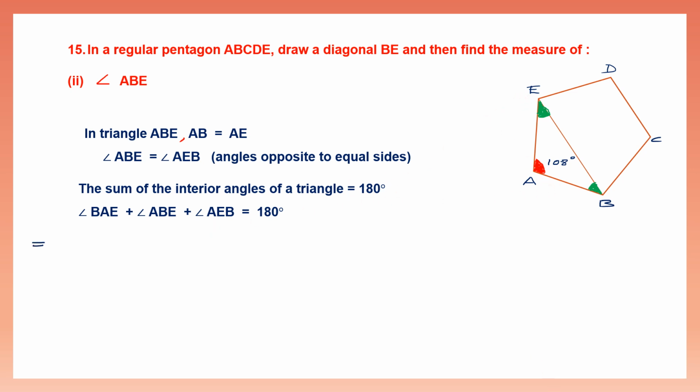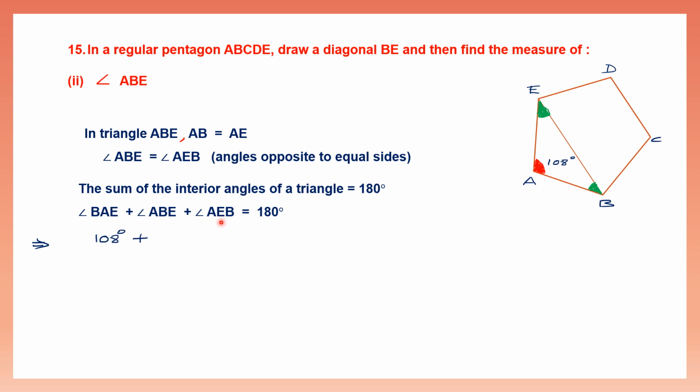So let's substitute. Angle BAE we found out to be 108 degrees. Plus, angle ABE and angle AEB we don't know, but we know that they are equal to each other.